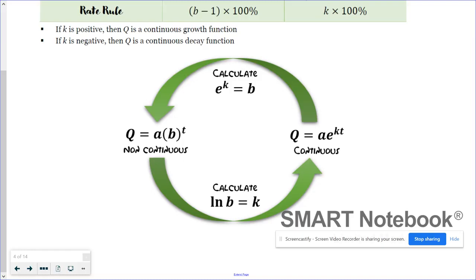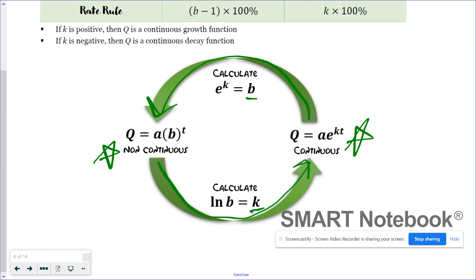So if I am given a continuous base e exponential function, I can convert this to a non-continuous function by calculating e to the k power, because that is the value of b. To go the other way around, if I start with a non-continuous base b function and I have to go to a continuous one, I need to calculate the natural log of b, and that will tell me what k is. So the title of this particular lesson was Converting Exponential Models, and this is how we're going to do it.